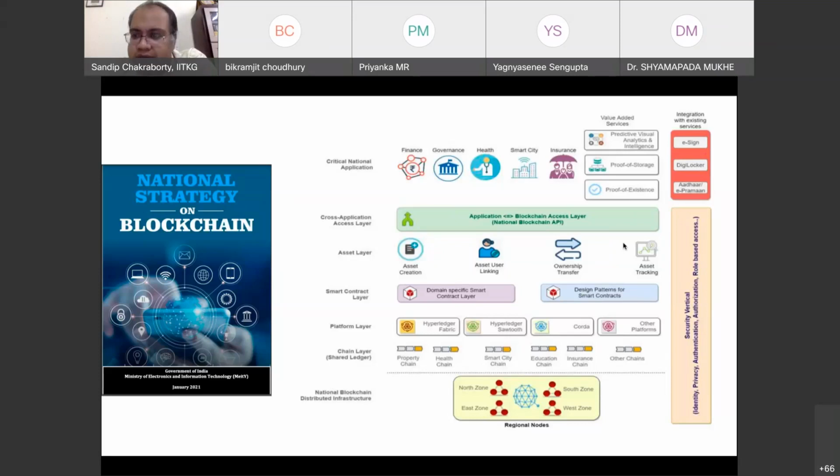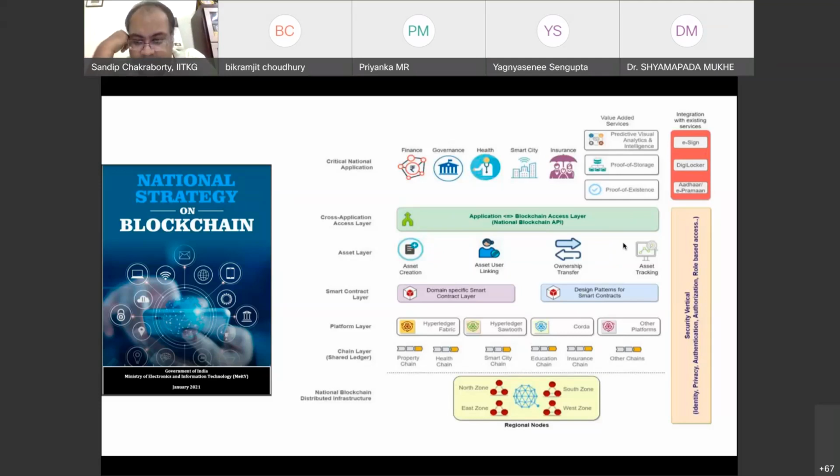This architecture has different regional nodes at the bottom, which provide the hardware infrastructure, and on top of that a chain layer that can have different blockchains corresponding to different applications. You can have a blockchain for property management, healthcare management, smart city management, educational management, and so on.